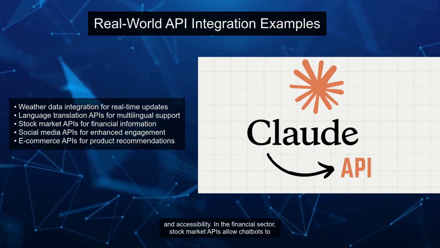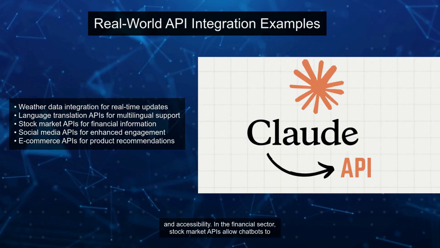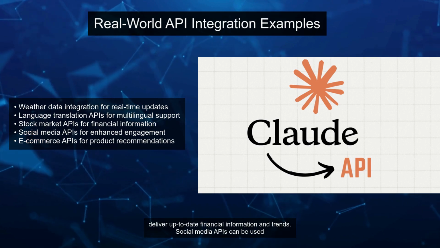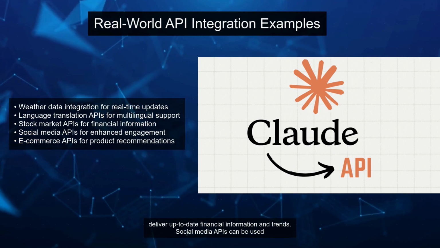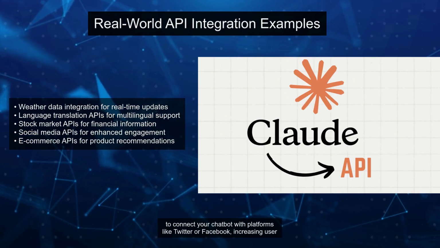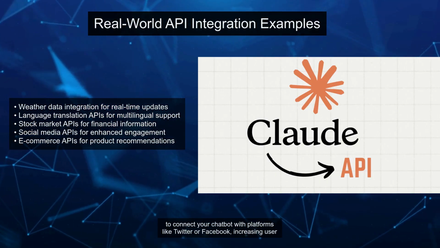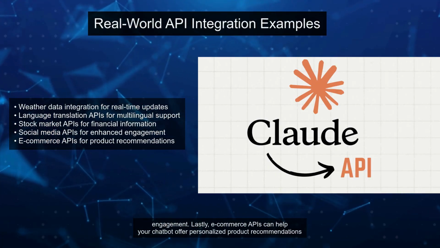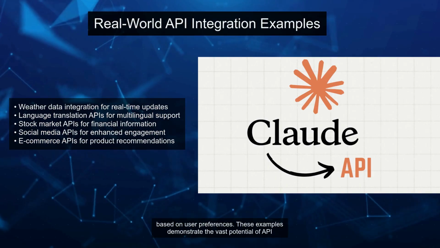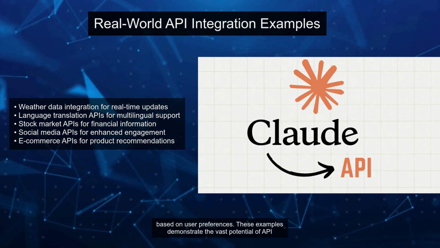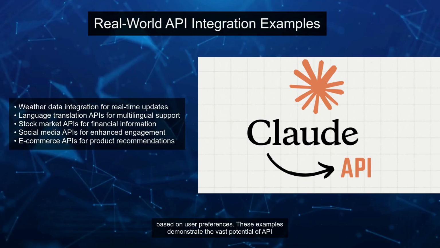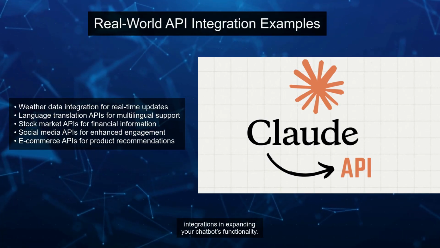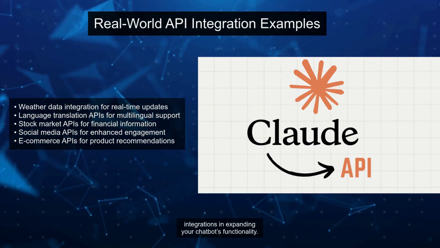In the financial sector, stock market APIs allow chatbots to deliver up-to-date financial information and trends. Social media APIs can be used to connect your chatbot with platforms like Twitter or Facebook, increasing user engagement. Lastly, e-commerce APIs can help your chatbot offer personalized product recommendations based on user preferences. These examples demonstrate the vast potential of API integrations in expanding your chatbot's functionality.